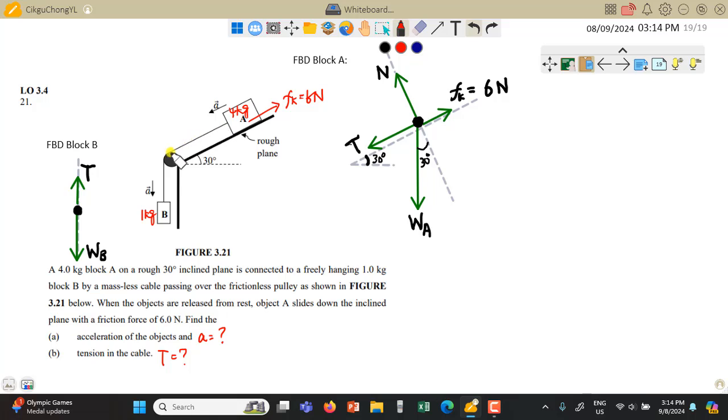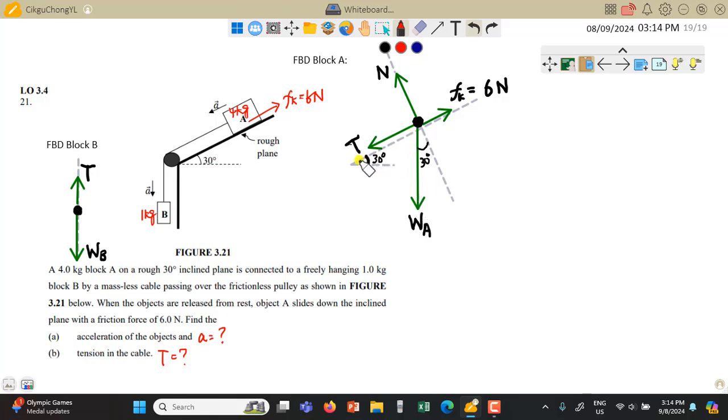So along the string we have tension, and since block A slides down, there will be a friction acting upwards. So the friction is given as 6 Newton. Block A is in contact with the surface, so perpendicular to the surface we are going to have the normal force. And block A has mass, so there will be weight acting straight downwards.